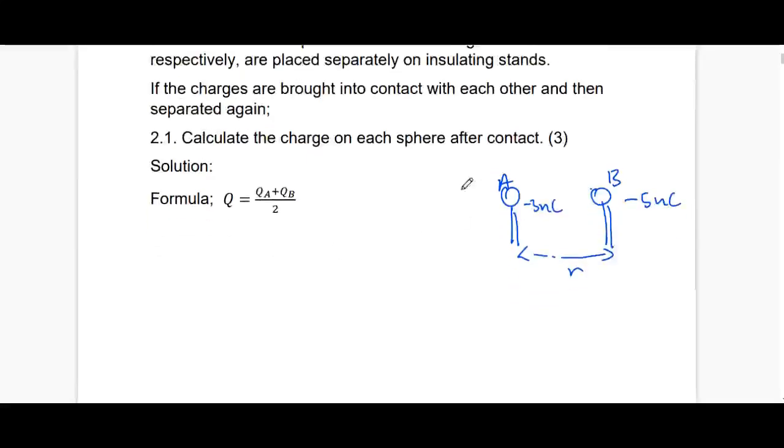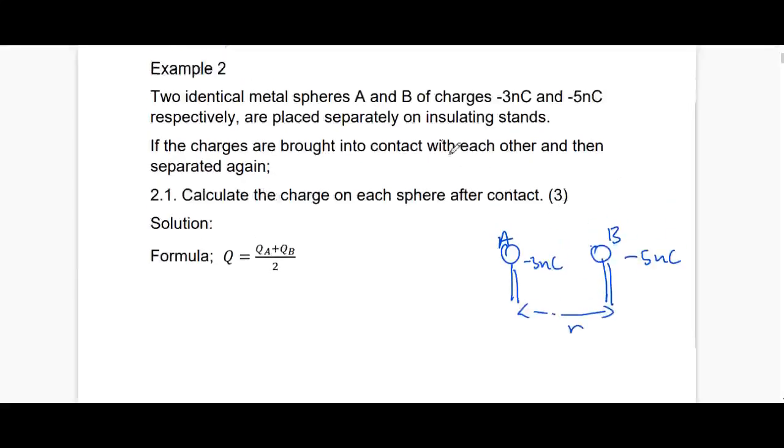What happens is that they take these two spheres and put them into contact. Because they are metals, they are conductors, so they are going to act as one object, and the charge will spread throughout the two spheres. As soon as we separate the two spheres, that charge will be divided into two.